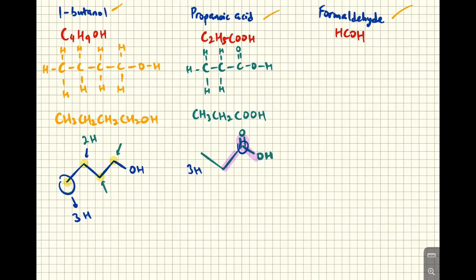Now let's go through just one more example. Let's say formaldehyde: this is 1 carbon, and then you have 2 hydrogens and a doubly bonded oxygen. The condensed structure is basically just this, actually. Yeah, this is just the condensed structure for formaldehyde.